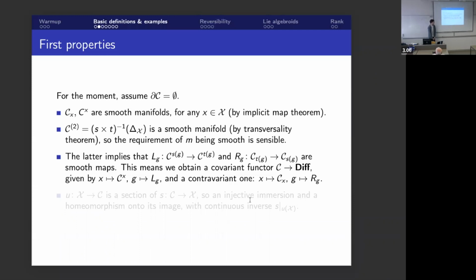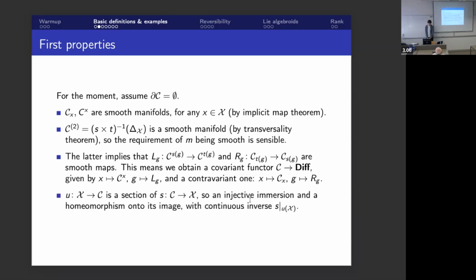Of course, if we were dealing with a normal small category, this target would just be Set. Now we can exchange the category of all sets with the category of smooth manifolds. So we get a covariant functor and a contravariant functor here.